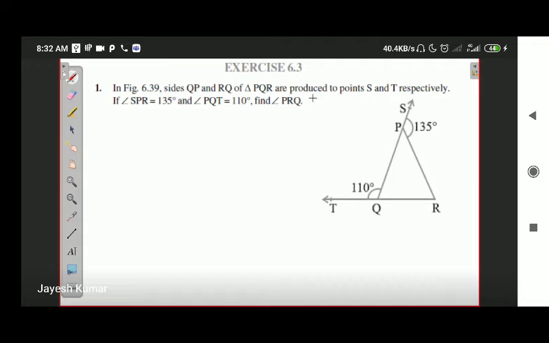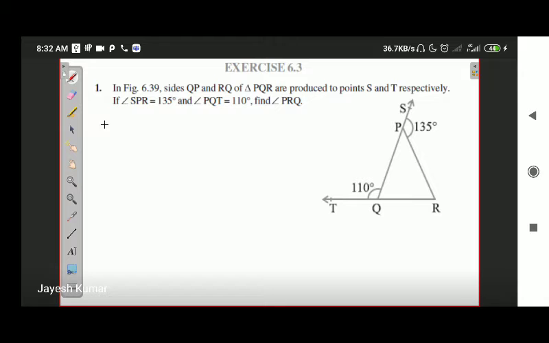triangle PQR. This is triangle PQR. So sides OQ and RQ. This is QP. Side QP is extended to S, and RQ is extended to T, such that we get an angle SPR that is 135 degree, and TQP that is 110 degree.